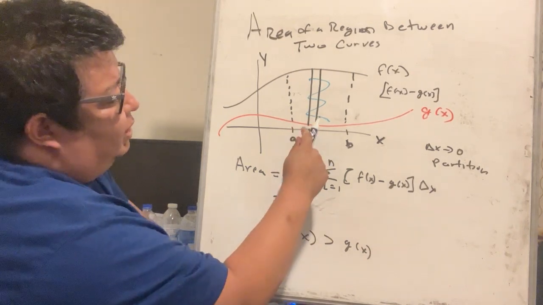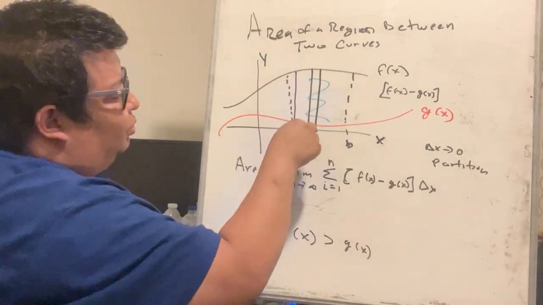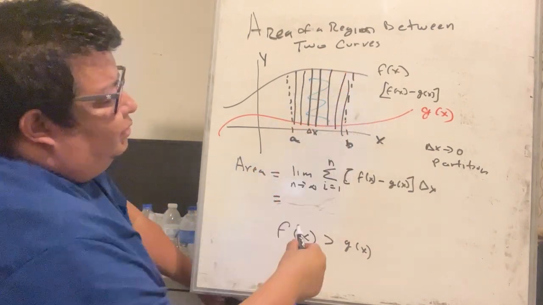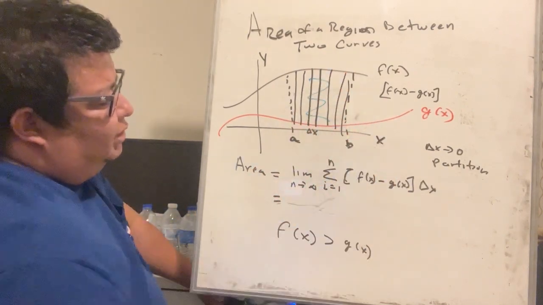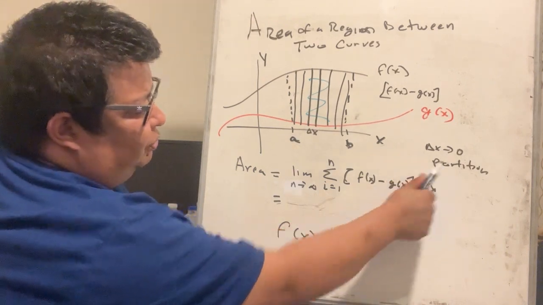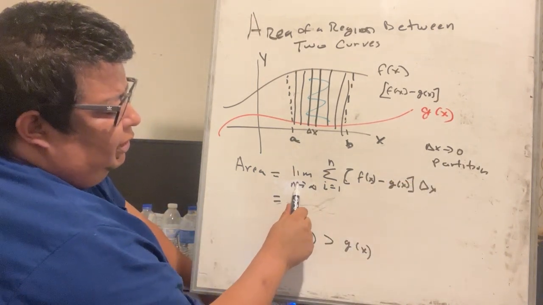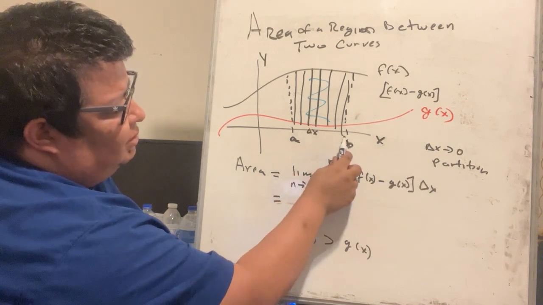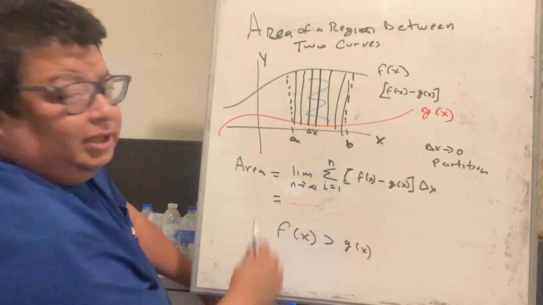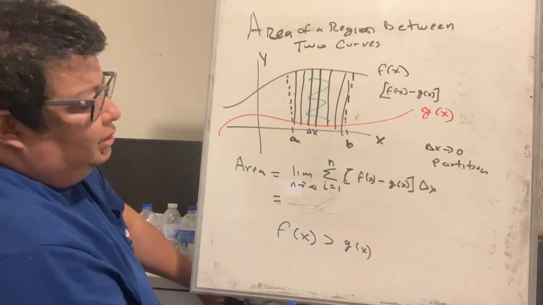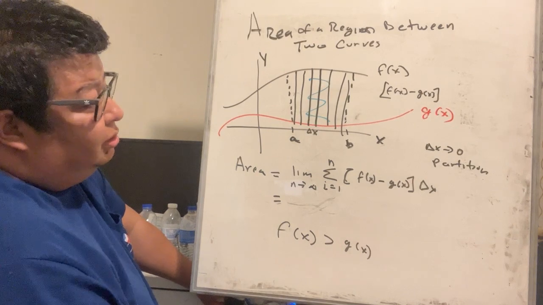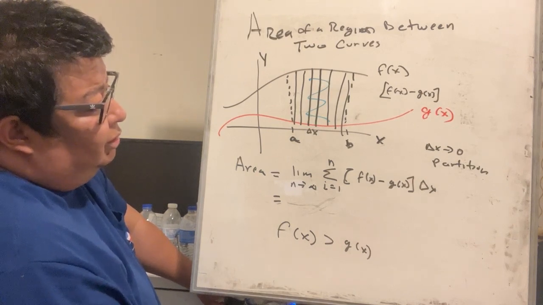So basically, by dividing this region into small rectangles, I compute the area by summing all these rectangles, and by letting delta x approach 0 and n approach infinity. In other words, we can divide this infinitesimally to get an exact area value.